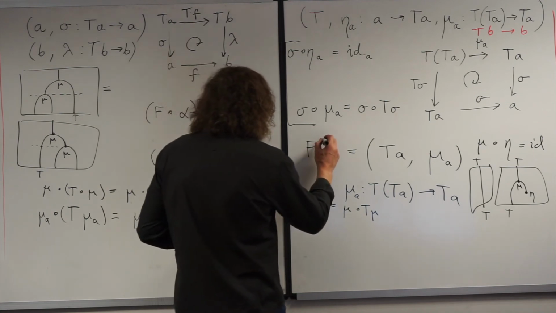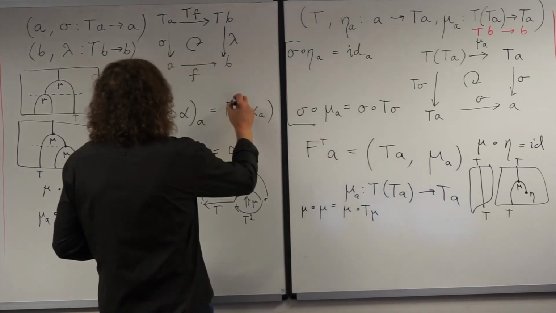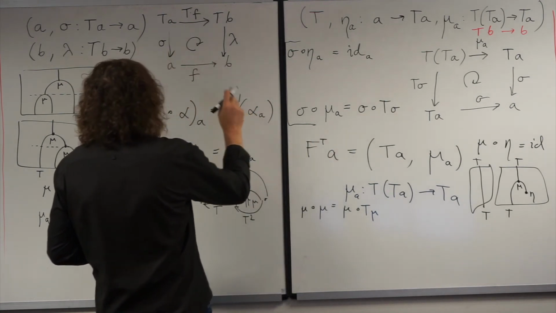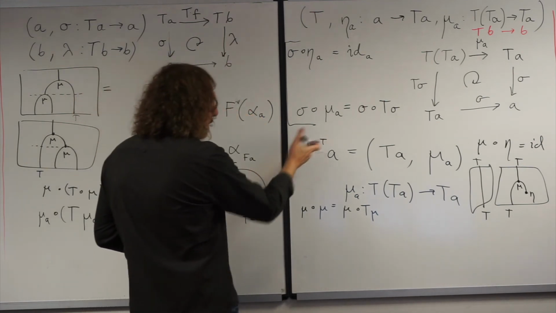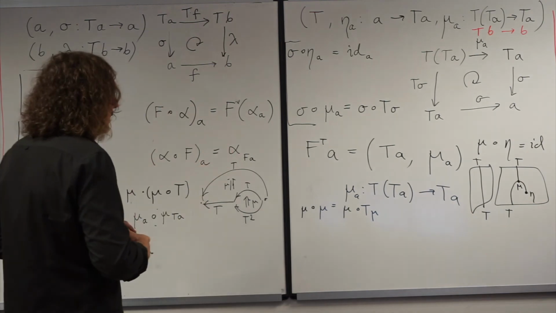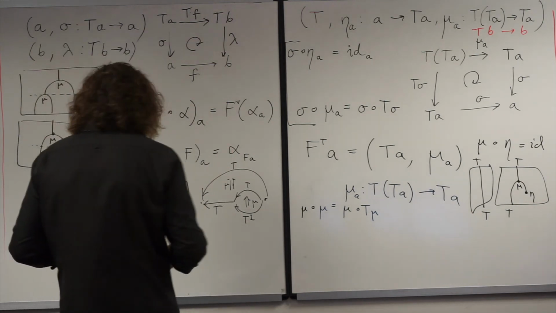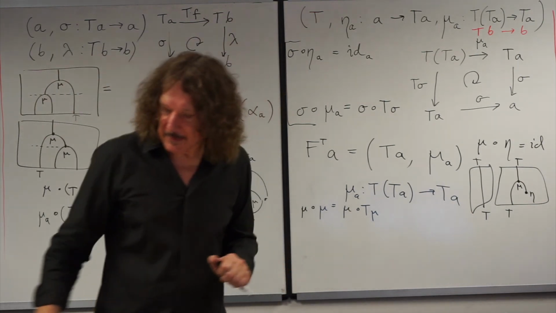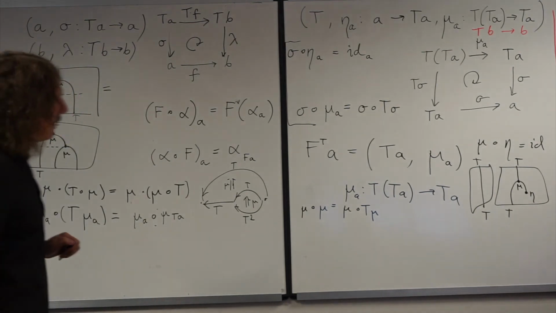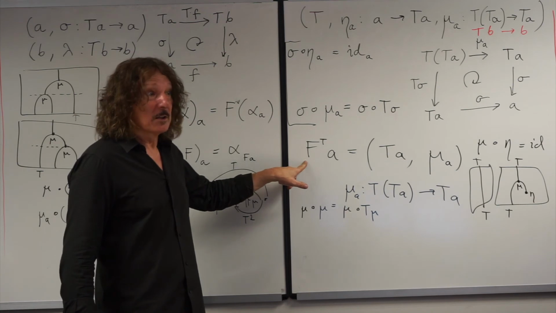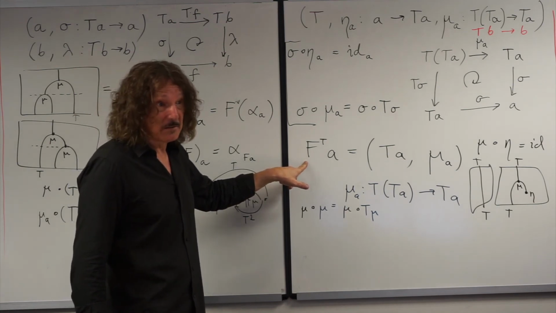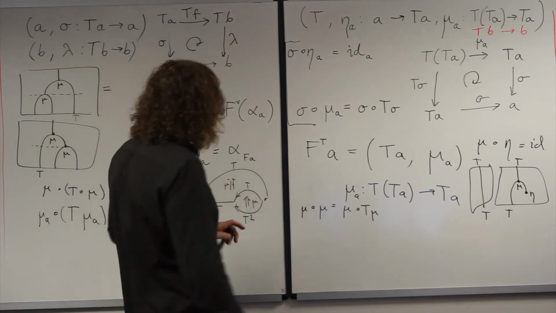And I will call this functor F_T, because it depends on the monad T, and the other functor is U_T. Now, if I want to call this a free functor, I will have to show you that this is actually an adjunction, right?